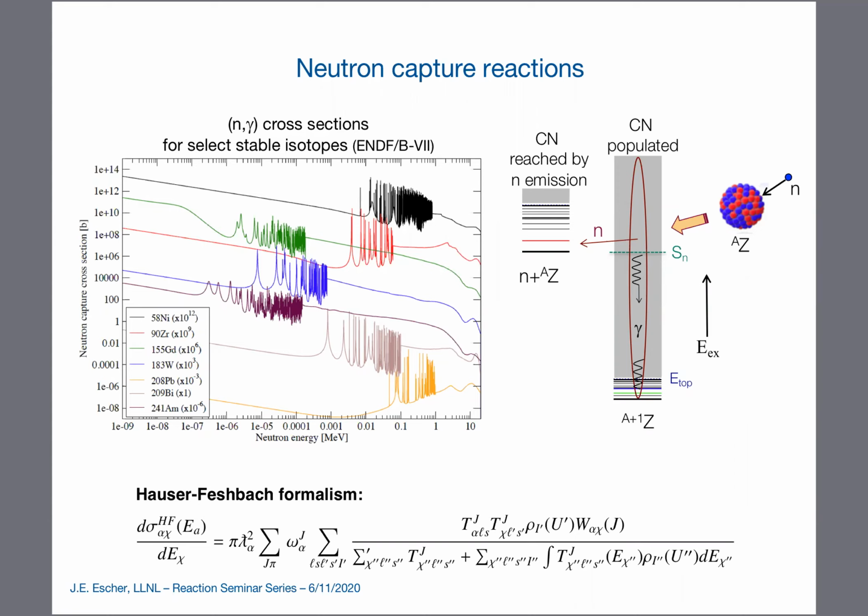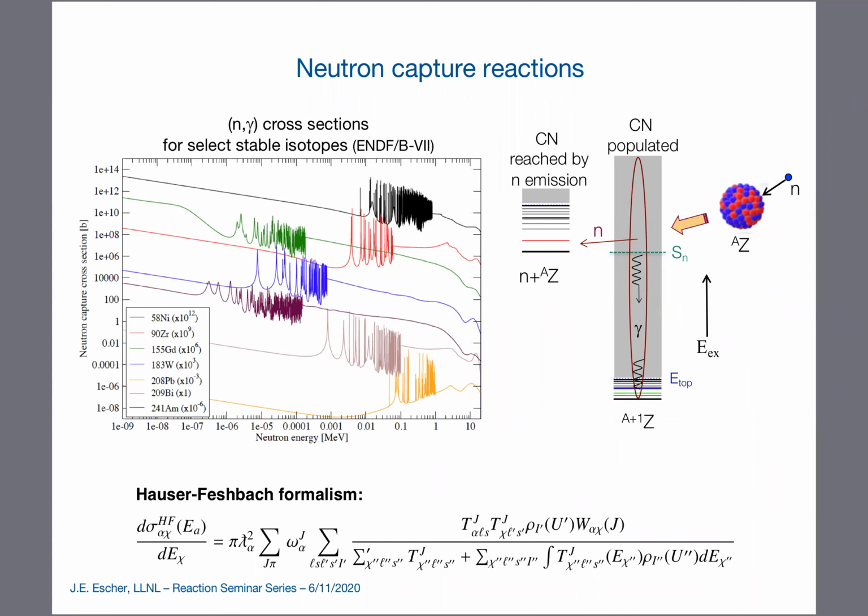For the higher energies, we can use the Hauser-Feshbach formalism, and I've indicated what goes into that formalism in the equation below. The cross-section for this higher energy regime has this form shown there, and that first T, the transmission coefficient that sits on the top of the fraction, the T_alpha LS, is the transmission that describes the probability for the projectile to fuse with the target.